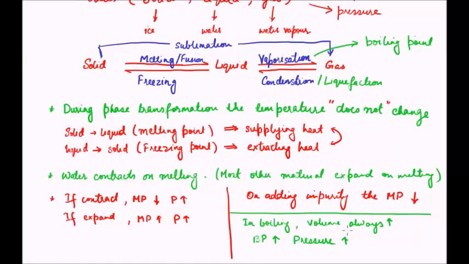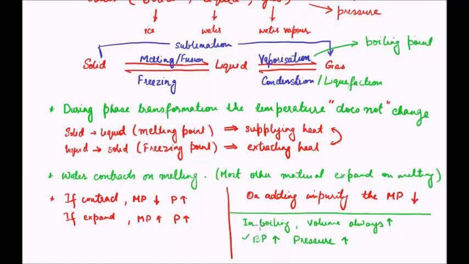The air pressure drops. When the air pressure drops, the boiling point of water reduces, and as a result of the reduction in boiling point of water, cooking becomes a lot more difficult at hilly regions. So now we know the relation between boiling point and pressure.